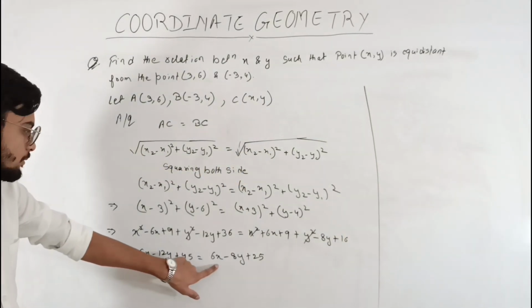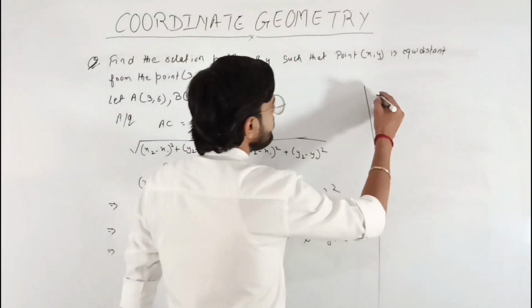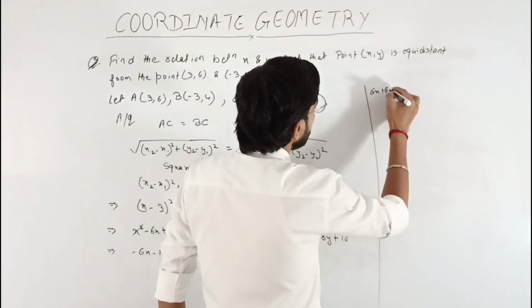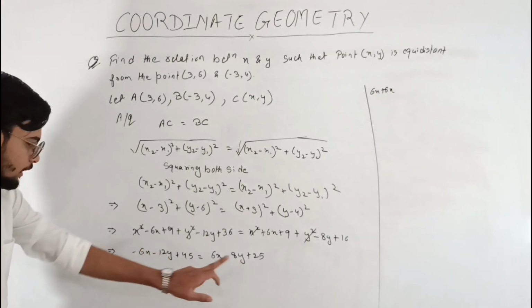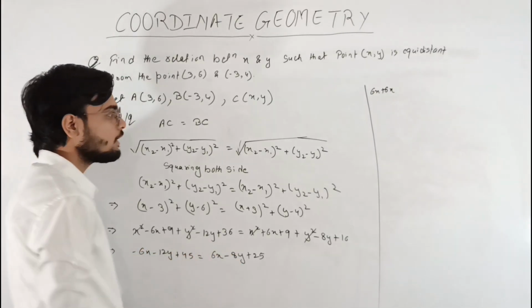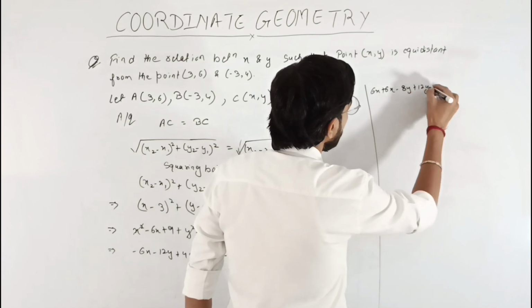Minus 6x, this minus 6x goes this side, so this will become 6x plus 6x, and minus 8y, this minus 12y goes this side, then this will become minus of 8y plus 12y.